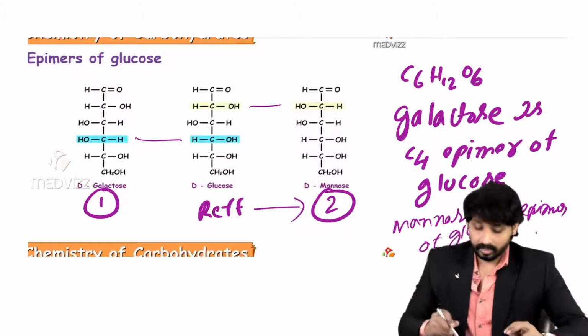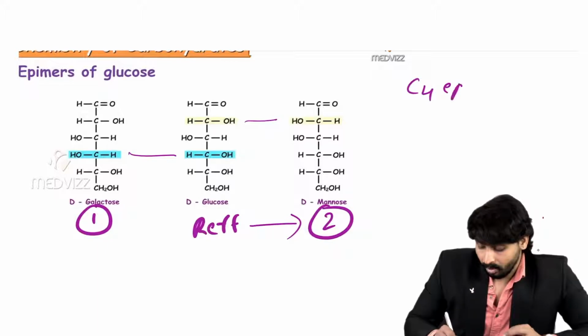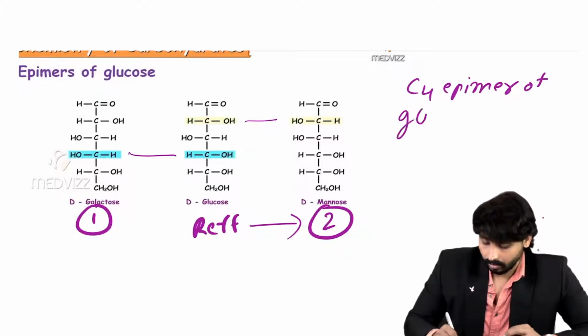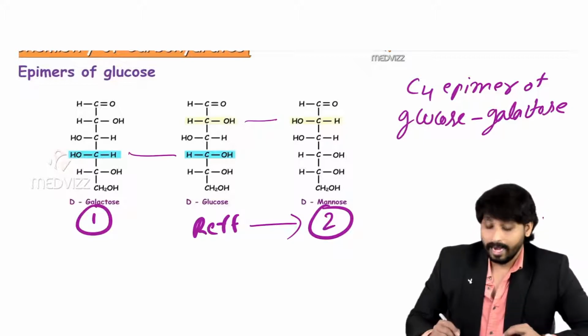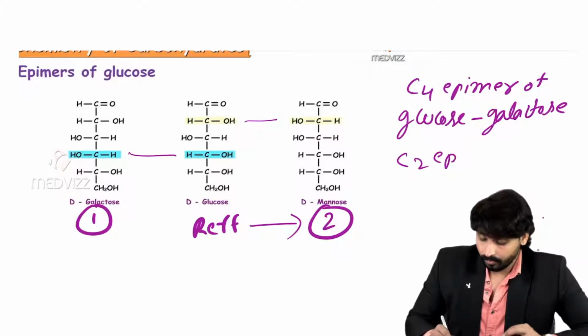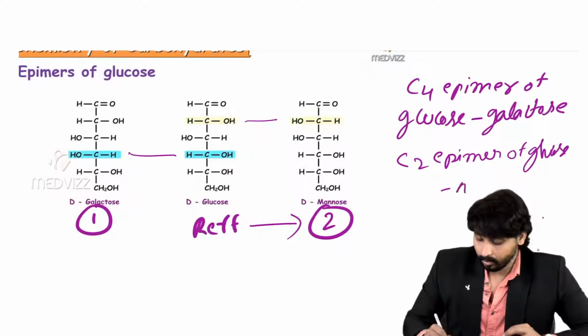That means the C4 epimer of glucose is galactose, and the C2 epimer of glucose is mannose.